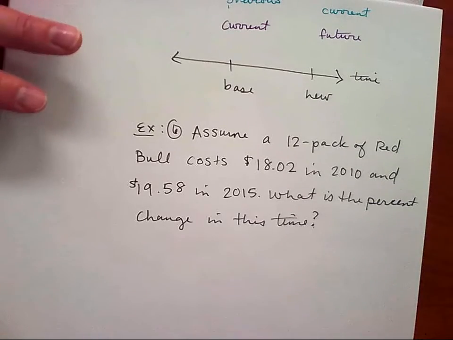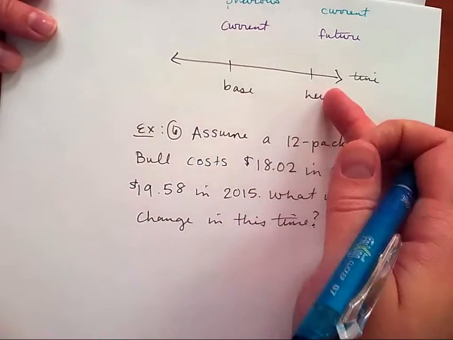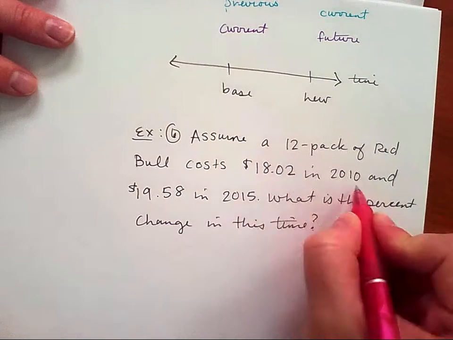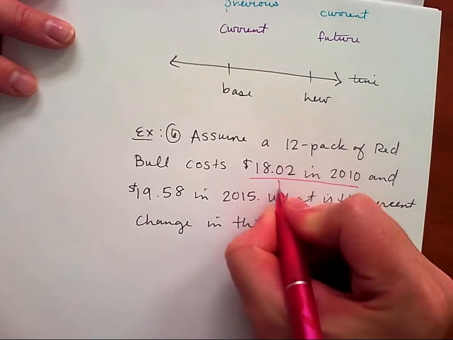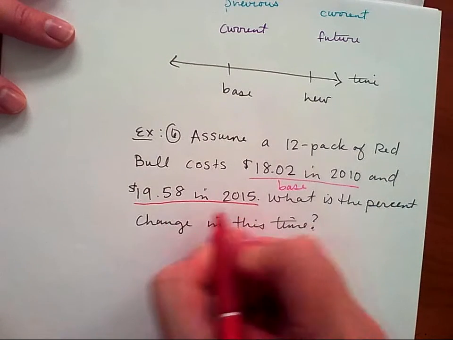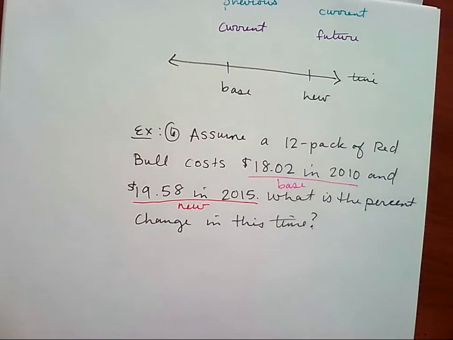So here is my older value. 2010 is my older value, so this is my base. And then $19.58, that's my most future in terms of time, right?